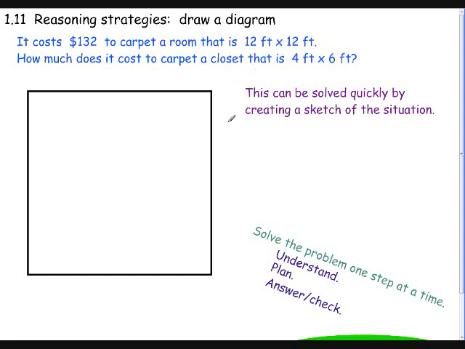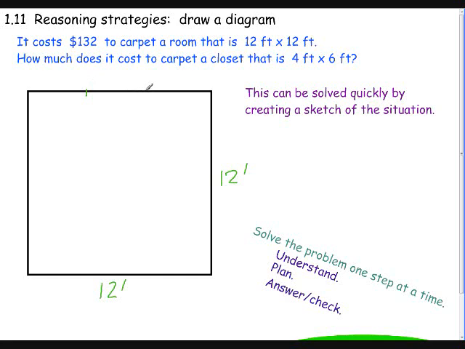All right. So this looks like a square I've drawn here. Let's say this is 12 feet by 12 feet. And we know that the cost of this is going to be $132. How much does it cost to carpet a closet that is 4 feet by 6 feet? Well, let's see.